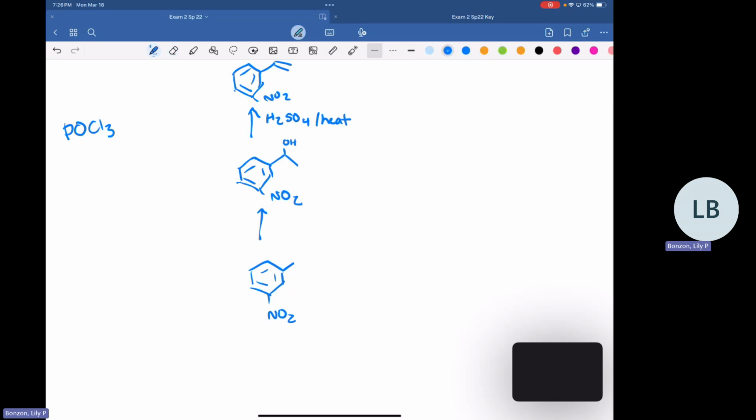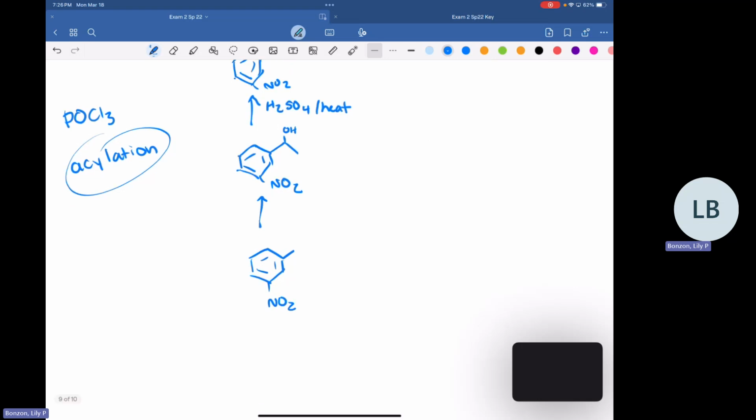For the purposes of synthesis, I would always go acylation over alkylation, just because if you remember when we talked about alkylation, it kind of has some problems. It does polyalkylation and it does some weird stuff. So acylation is usually the best bet.